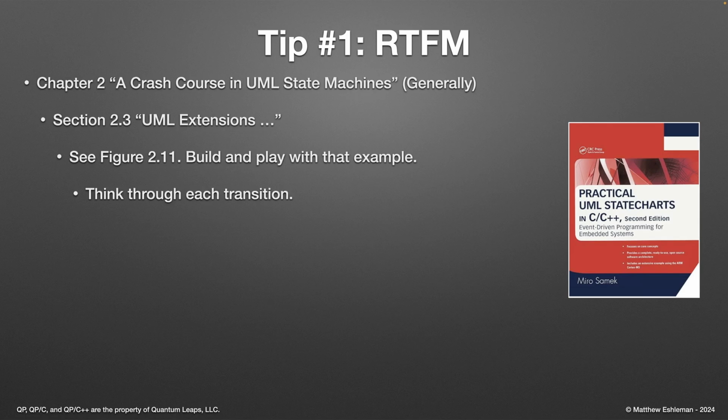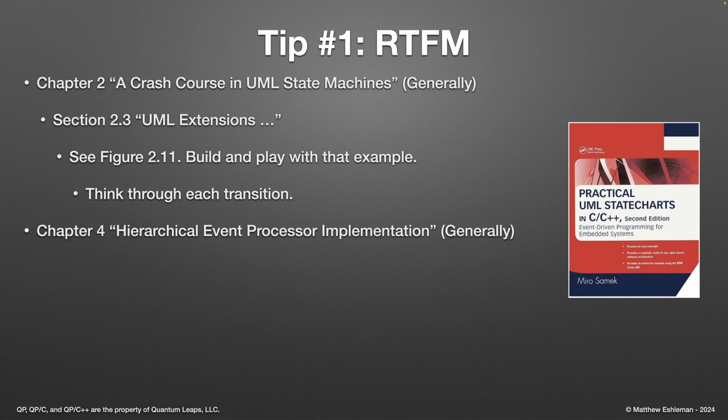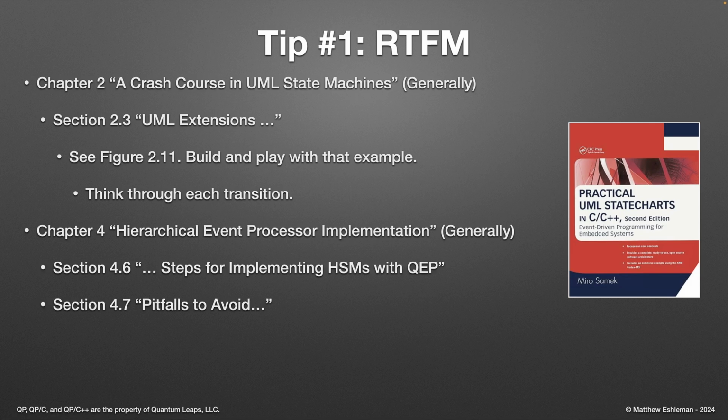You're going to need to understand those and have them in your toolkit as you're developing code for your firmware project. Then check out Chapter 4, where we get into some of the details of QP's hierarchical event processor. Check out section 4.6 for the common steps for implementing your hierarchical state machines, which are the core of your active objects in the QP framework.